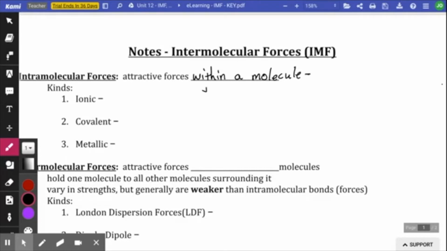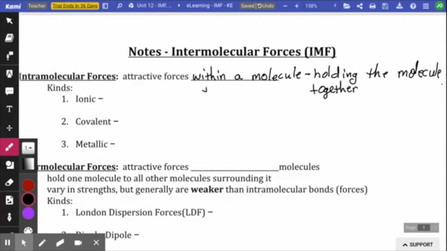And again, this is what's holding the molecule together. These are the three big ones that we talked about at the beginning of the year. So we've got ionic, covalent, and metallic. Let's go over those real quick.